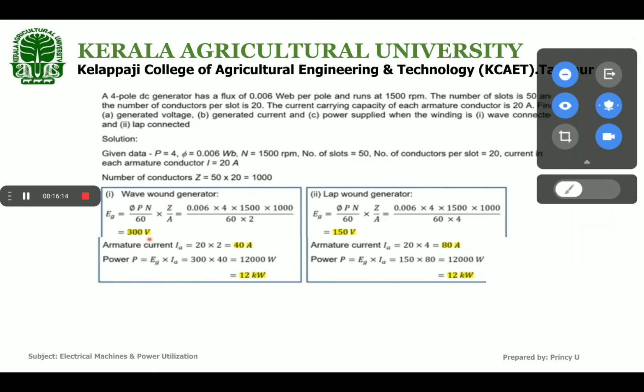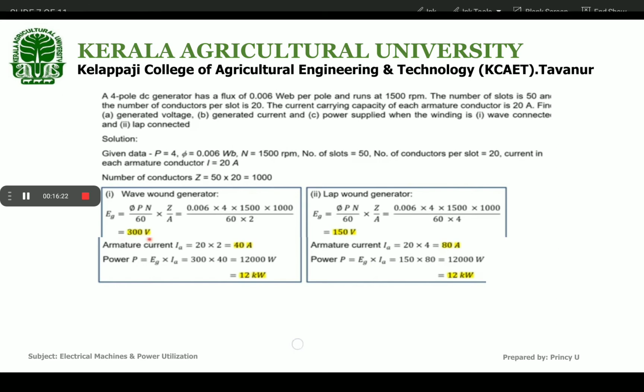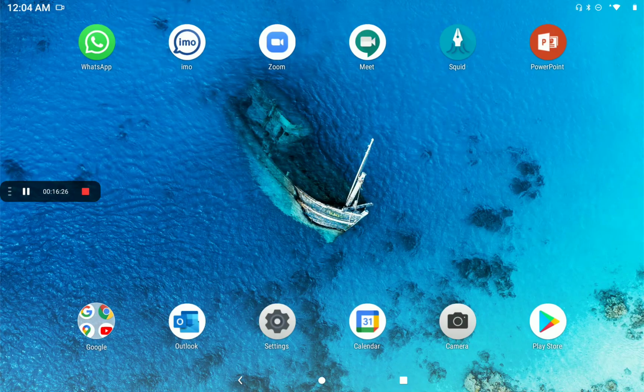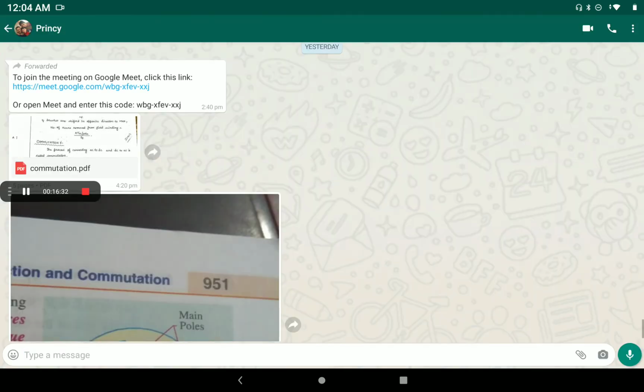And another term you have to study in DC generator is commutation. Okay, what is commutation? Commutation means, why do we use commutator bars?